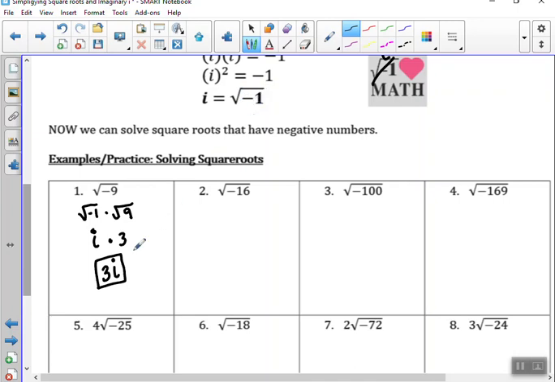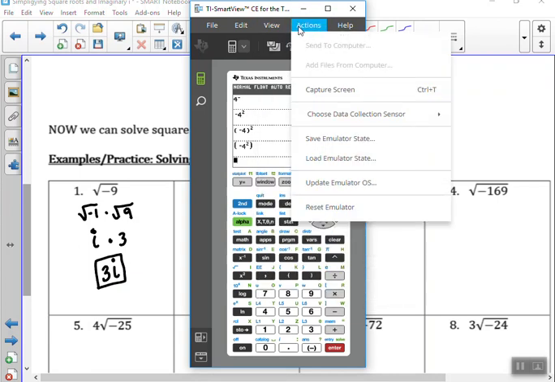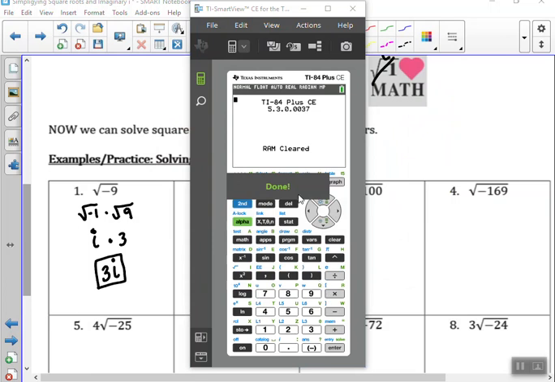So how am I able to use the I in my calculator? This is where you have to change the mode in your calculator. When you sit down with your calculator, you're going to reset it.